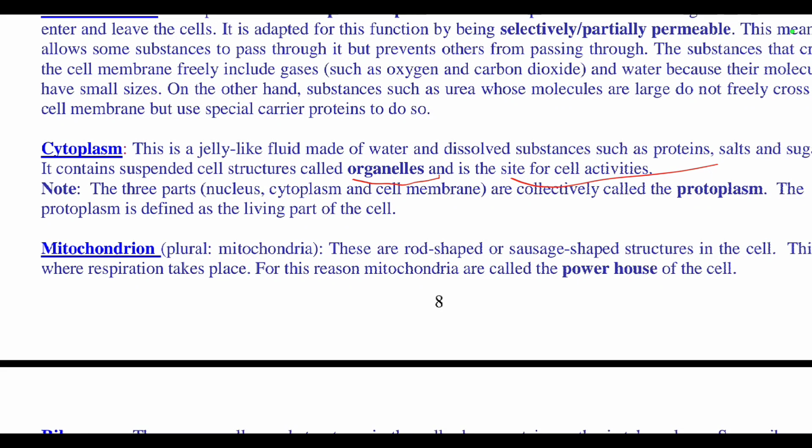Now take note that 3 parts, that is the nucleus, cytoplasm, and cell membrane, are collectively called protoplasm. Okay? The protoplasm is defined as the living part of the cell. Are we together?